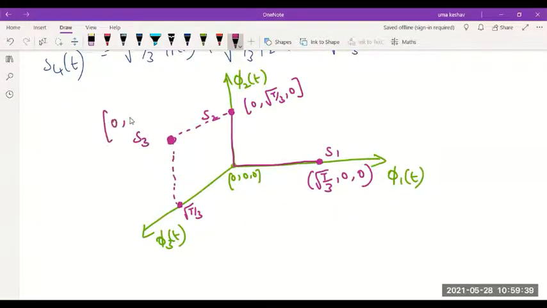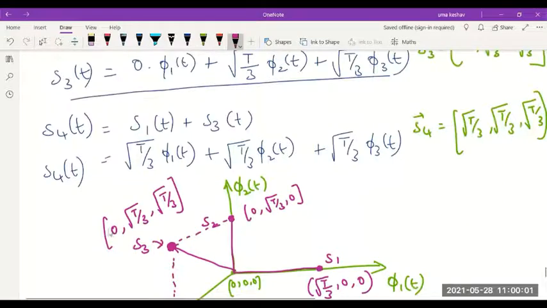So S3 has the coordinates 0, root t by 3 and root t by 3. So this corresponds to the point S3. If you want to draw the signal vector, this is how you will draw the vector S3. It will exist here.